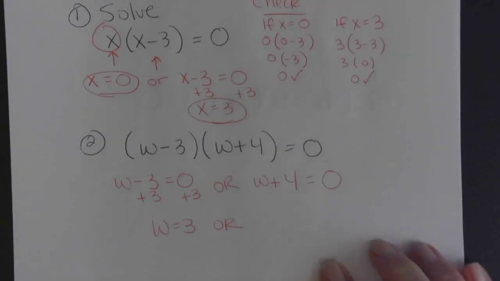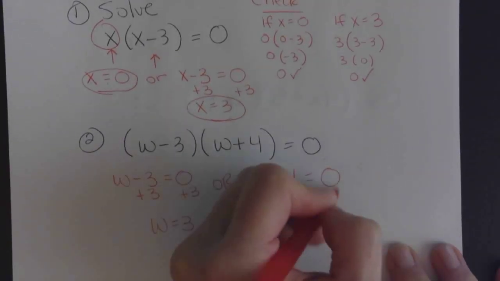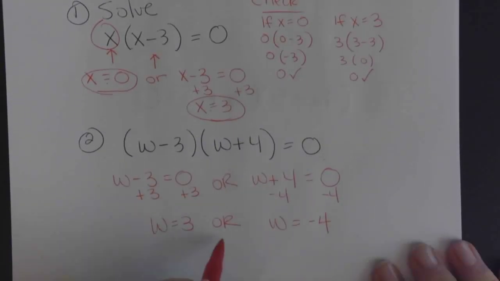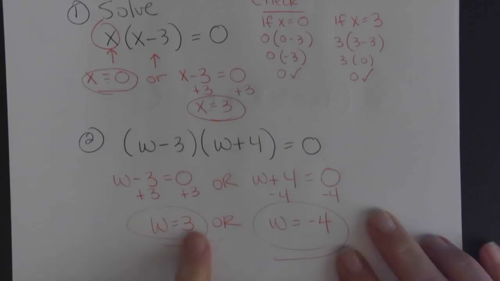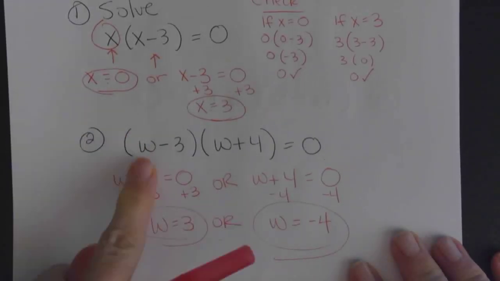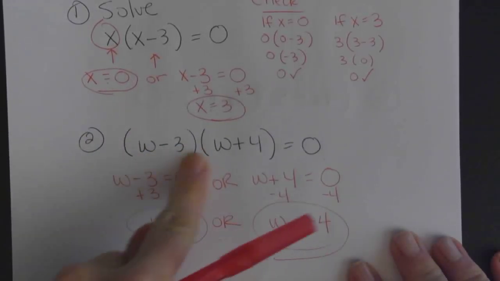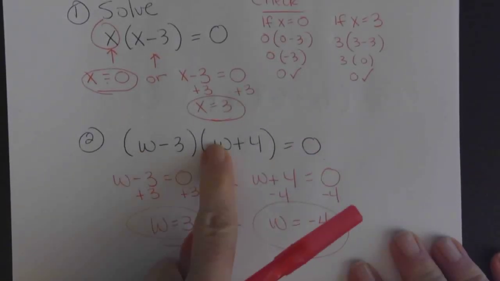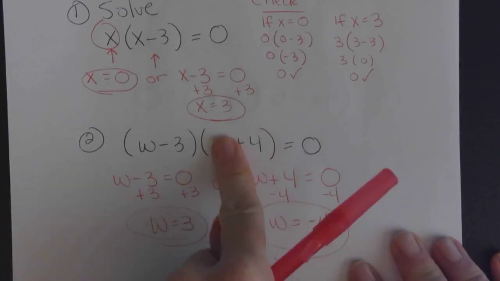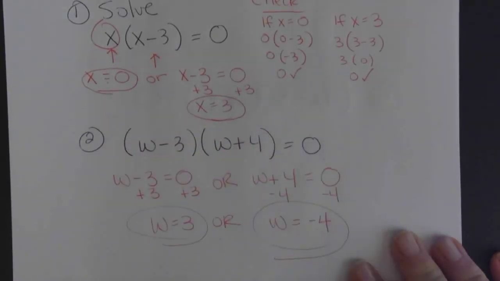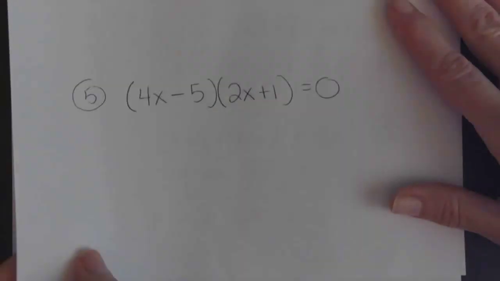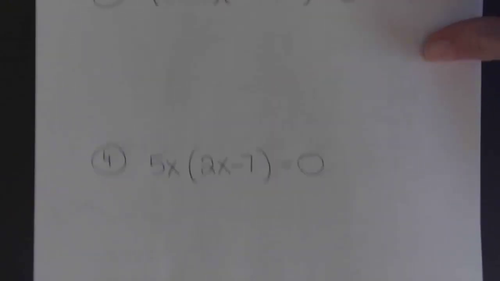You can do that in your head. W equals 3, or subtract 4, W equals -4. And those are your two answers. And you can see it. If W is 3, what's 3 minus 3? 0. So 0 times anything is 0. And if W is -4, -4 plus 4 is 0. 0 times anything is 0. Ta-da!